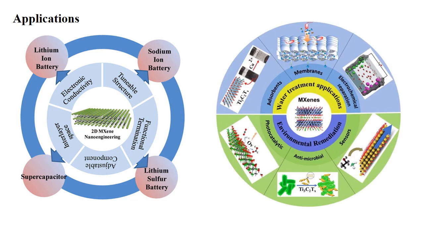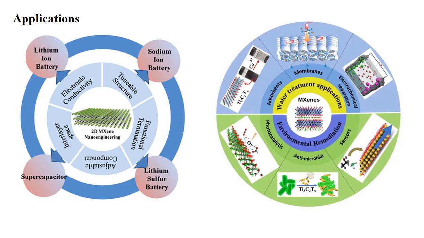Okay, so the properties like high electronic conductivity, tunable structures, different functional terminations, adjustable composition, and interlayer spacing. Because of these properties, we can use MXene in energy storage applications like supercapacitors, lithium-ion batteries, sodium-ion batteries, and lithium-sulfur batteries, etc.